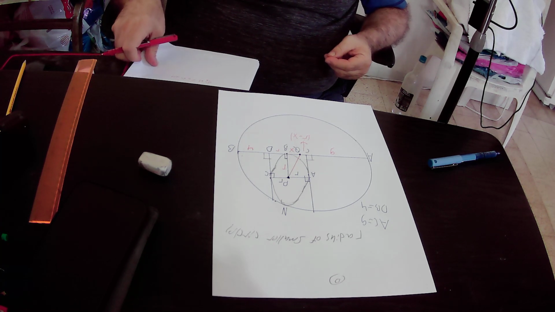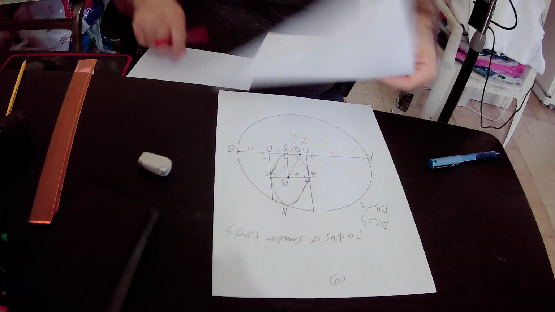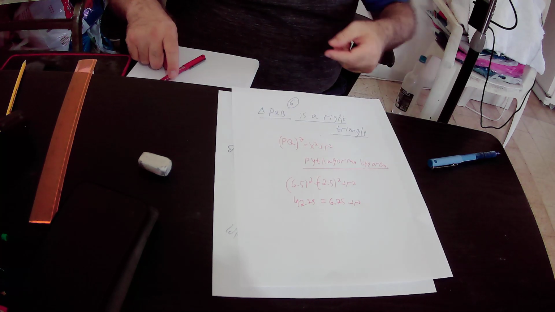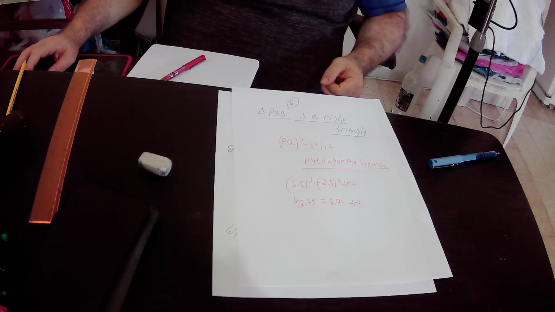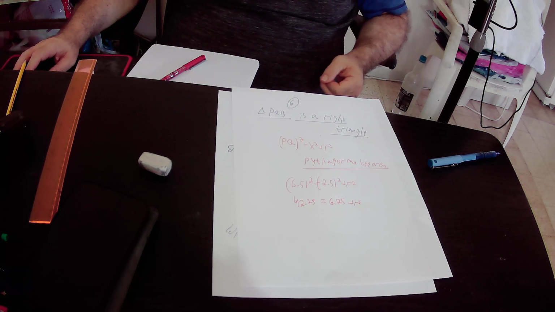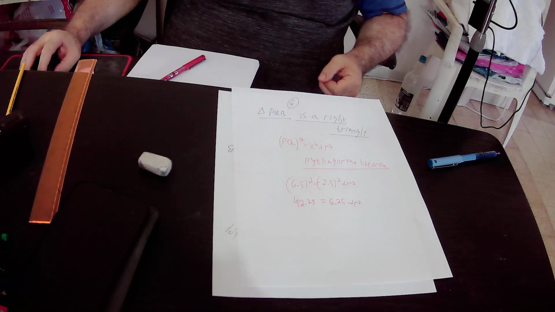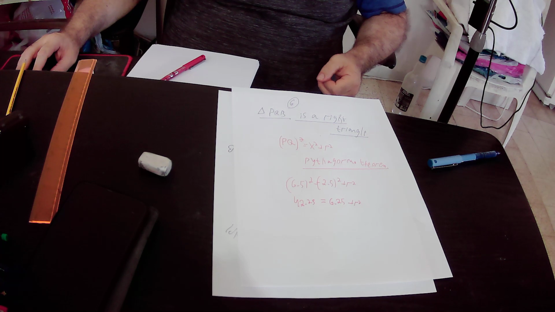Okay, we got that 42.25 equals 6.25 plus r squared.